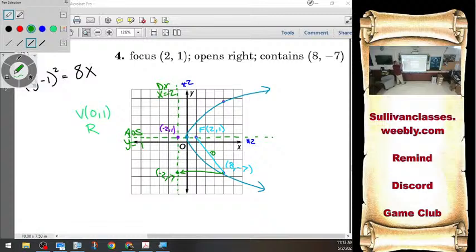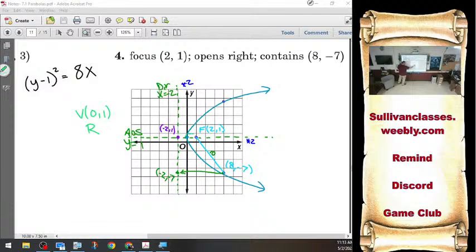If it opens to the right, y is squared. Vertex of 0, 1, I know k. Technically there's a -0 here, but you don't write it because that's not simplified. If you need to put it there as you're working, that's one thing, but I don't put it there as my final answer. And if the p-value is 2, then 4 times that gives 8 as my final answer.